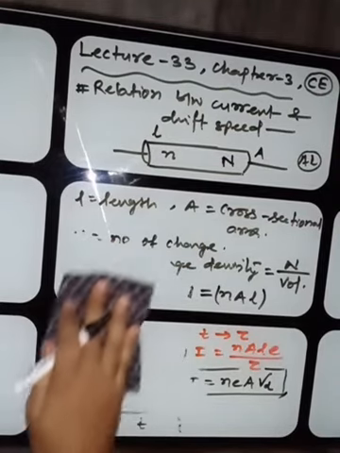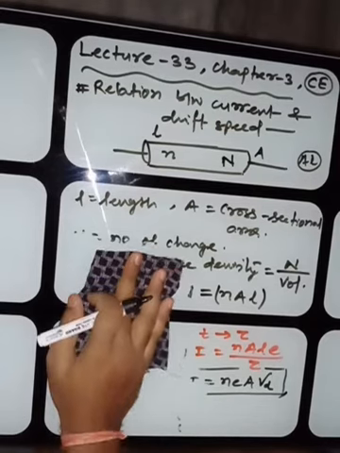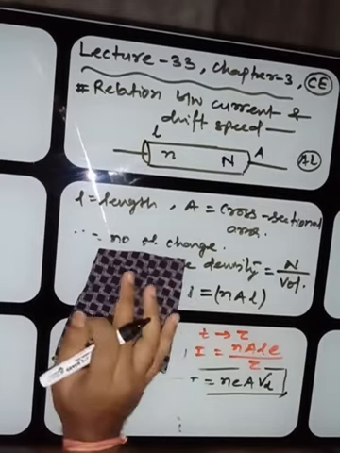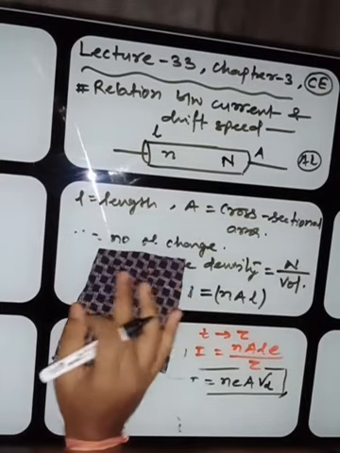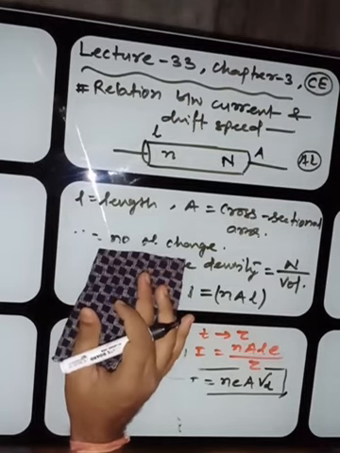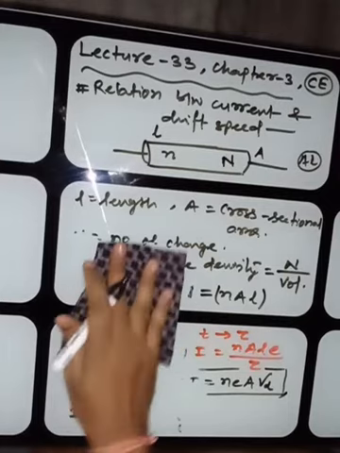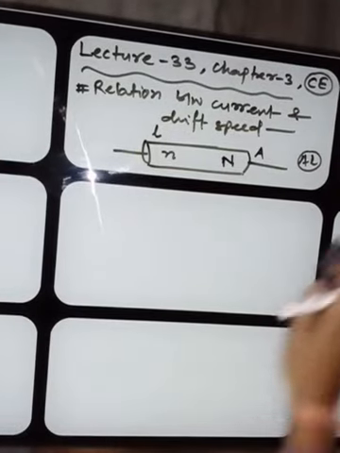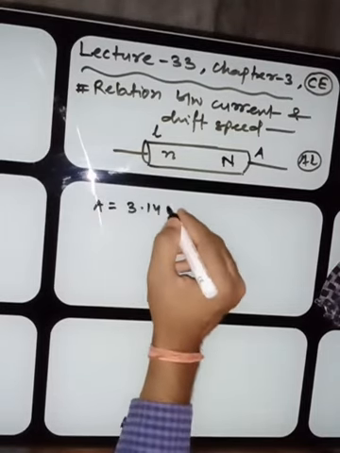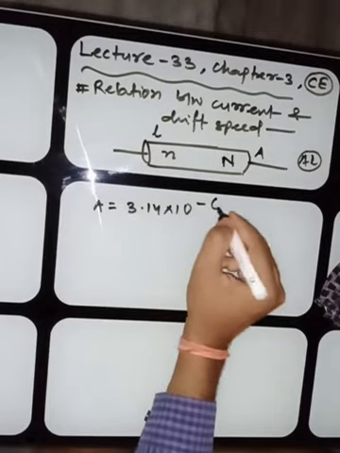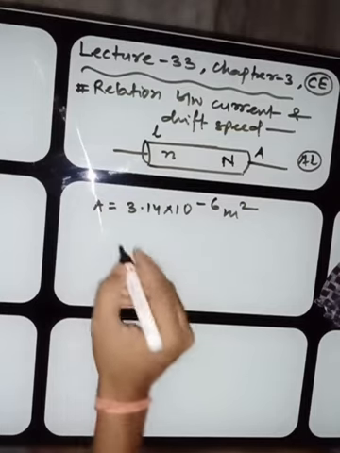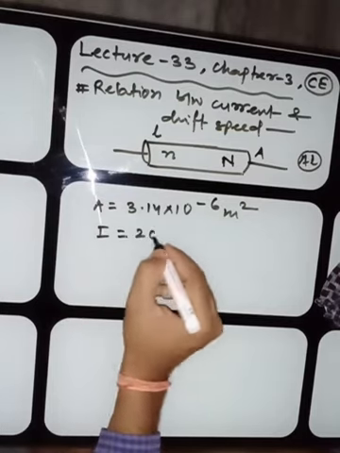Calculate the drift velocity of electron in a silver wire having cross-sectional area 3.14 times 10 to the power minus 6 meter square, and carrying a current of 20 ampere.